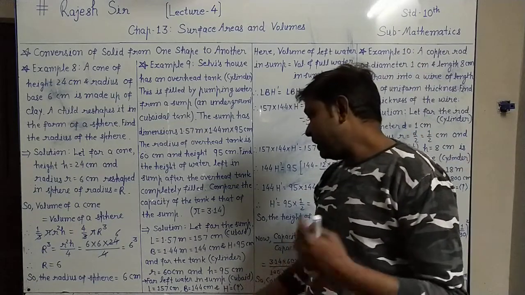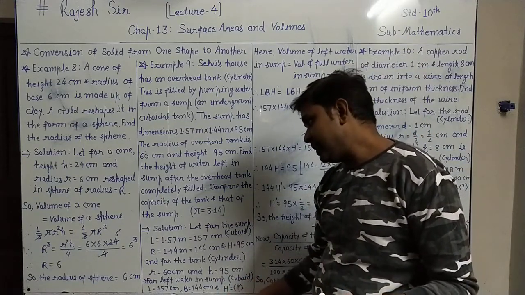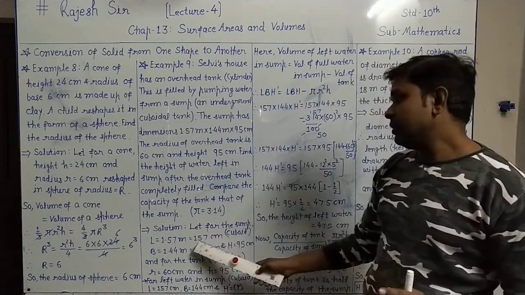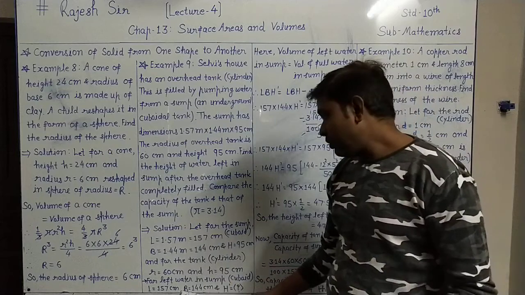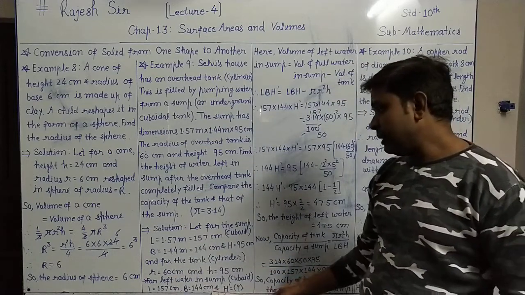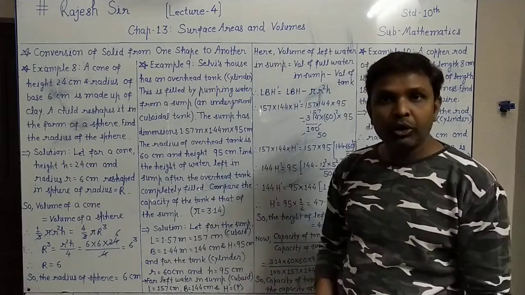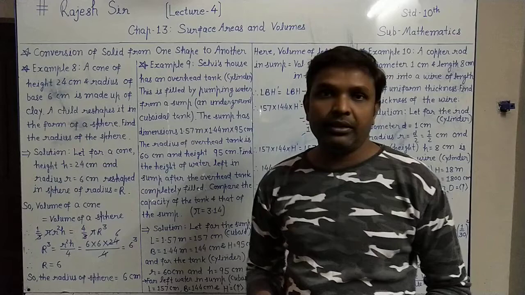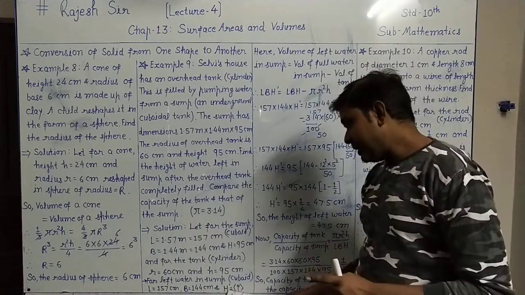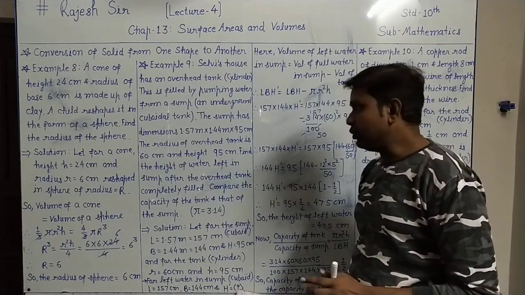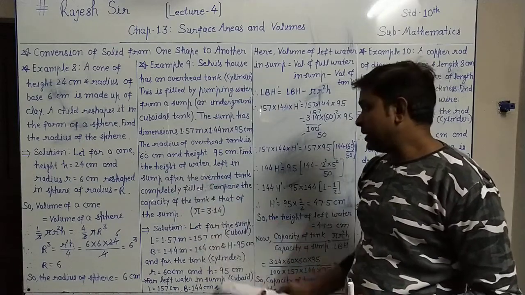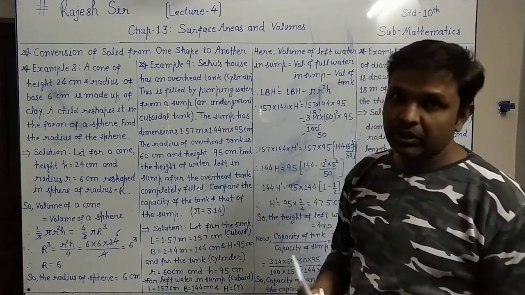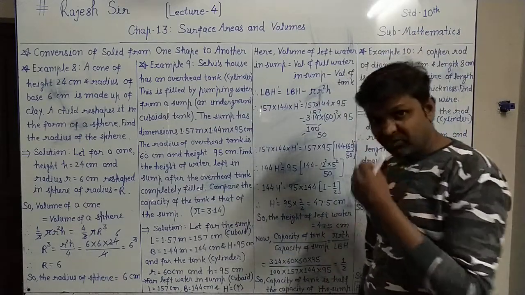The length of the left water is 157 centimeter only, and its breadth will also be 144 centimeter because this water is in the sump only. Only the height of the water will be reduced. That new height is h dash, which we need to find out. This h dash is the height of the water left in the sump.